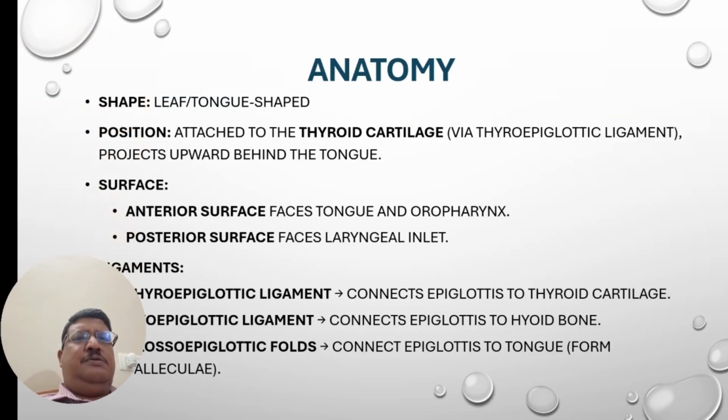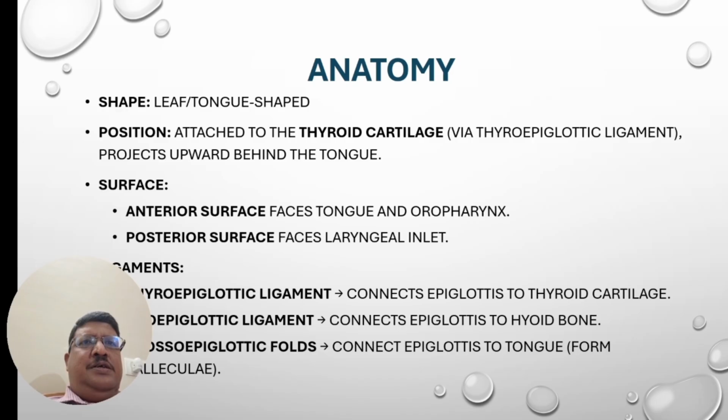Now, anatomy of the epiglottis. Shape: leaf or tongue shaped. Position: attached to the thyroid cartilage through the thyroepiglottic ligament; projects upwards behind the tongue. Surface: the anterior surface faces the tongue and oropharynx; the posterior surface faces the laryngeal inlet.